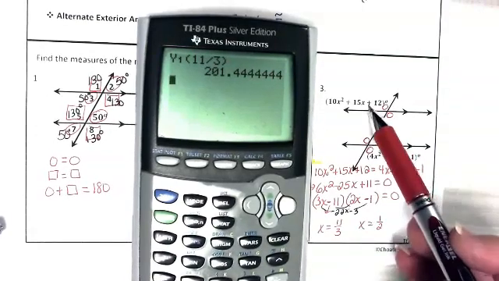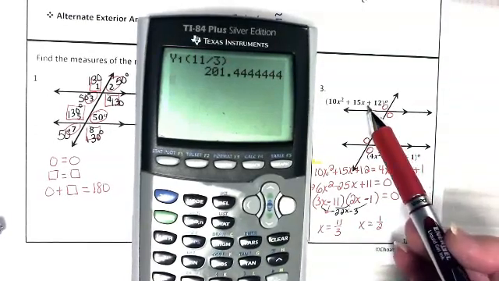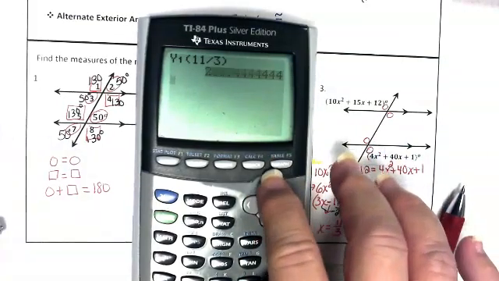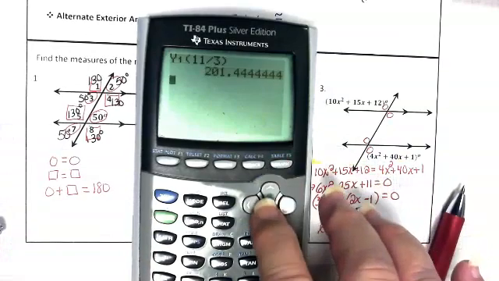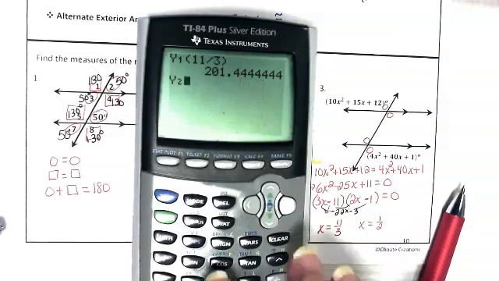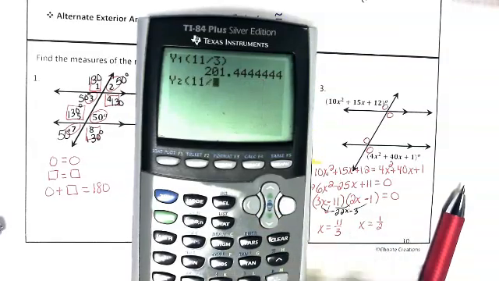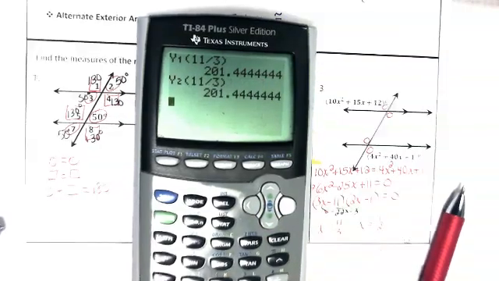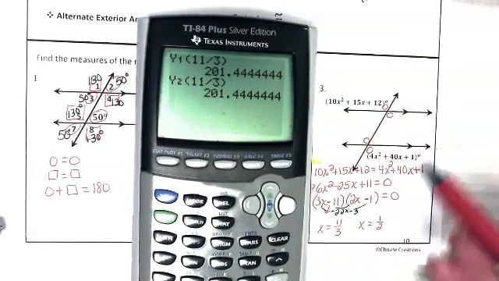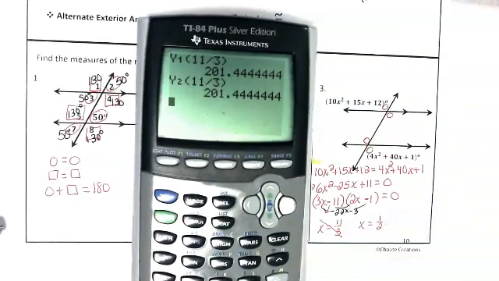Can this angle be 201 degrees? I don't think so. Well, let's just check and see if I would get the same answer. Plugging that into y2, I'm going to plug in 11 over 3. Got the same answer, so that's good, but this angle cannot be 200 degrees, so 11 over 3 doesn't work.